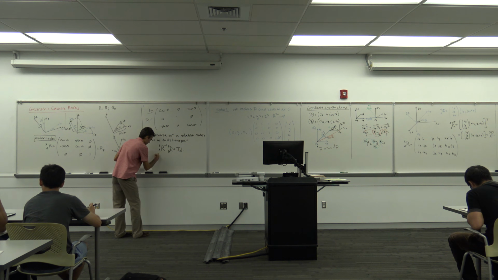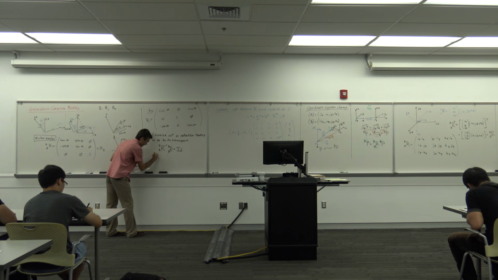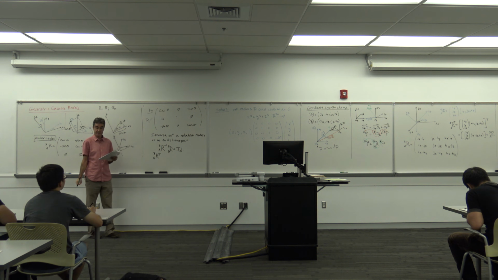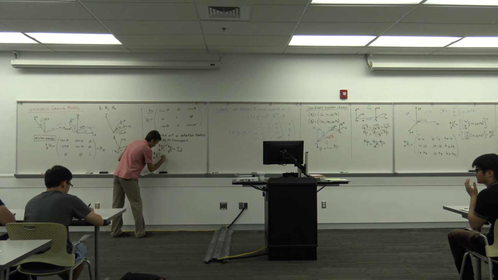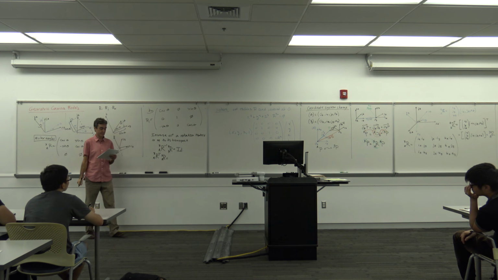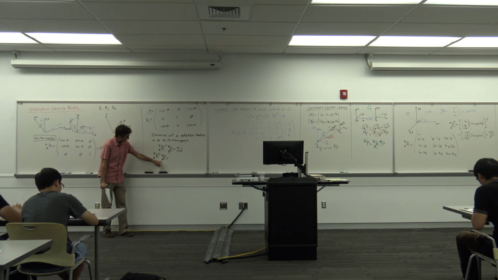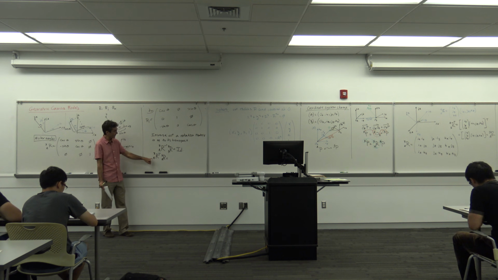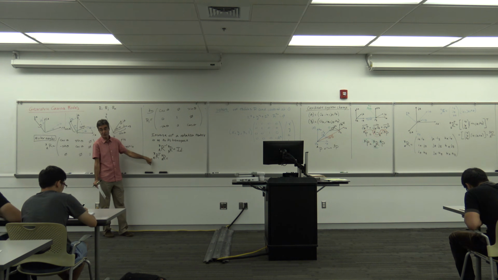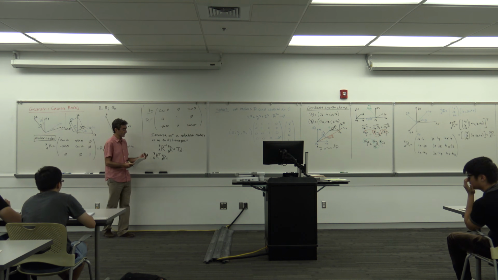So let's see this. If I start with a rotation from A to B, and I transpose this, and I multiply this by a rotation from A to B, what do I get? Let's think about this.